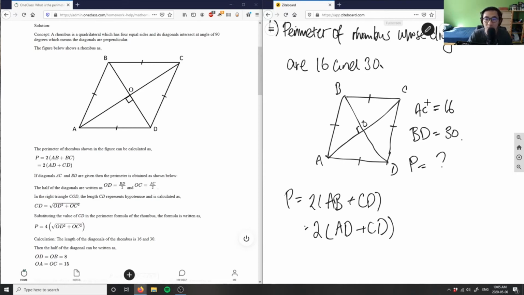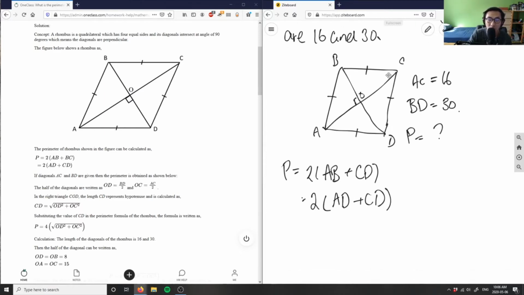Half of a diagonal goes from one of the corners to the center of the rhombus. Between A and C, we know this is 16, and 16 divided by 2 is obviously 8. So A to O would be 8, and O to C would be 8.